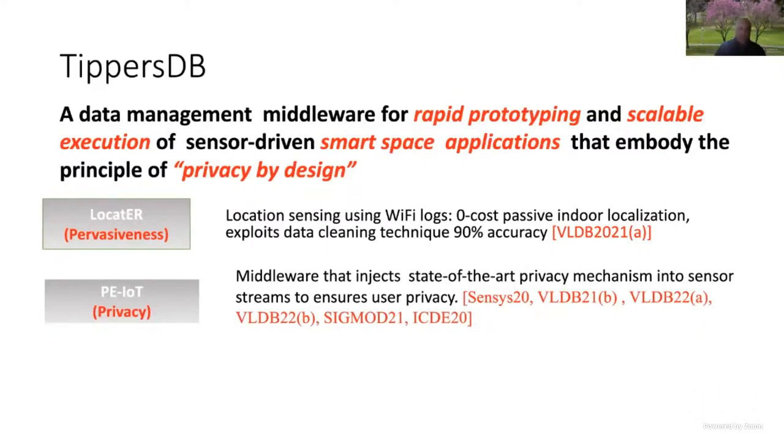These technologies could include policy maintenance or different policy-based approaches, as well as differential privacy, cryptography and so on. For instance, the policy can be specified that when data goes from the sensor stream into a disk, the data at rest has to be encrypted. In this case, the system will automatically encrypt the data. So PIOT essentially intercepts the flow of data and injects the privacy technologies into it.